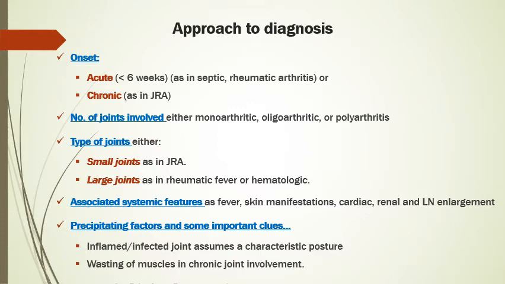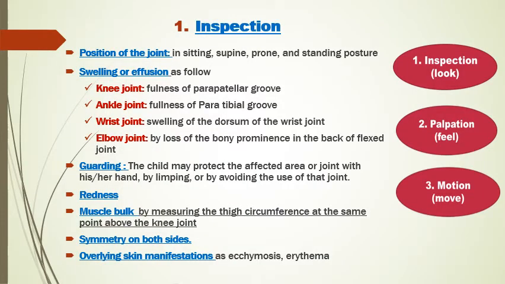Inspection of joint. For joint examination, I must look, feel, and move the joint. Look at the joint, which is inspection, feel the joint, which is the palpation of the joint, and move the joint.